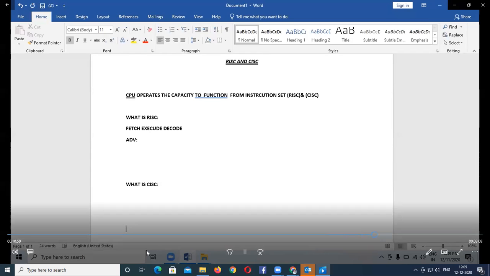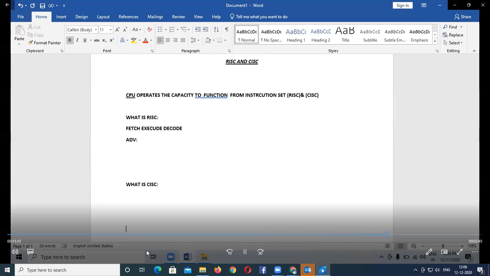Now if RISC focuses on software and CISC performance focuses on hardware, then RISC has no memory unit and uses separate hardware to implement instructions, but CISC has a memory unit to implement complex instructions.